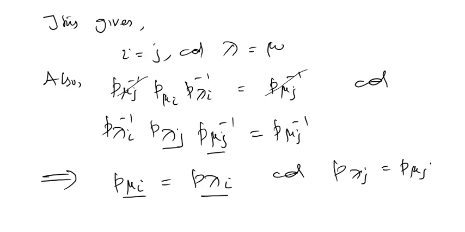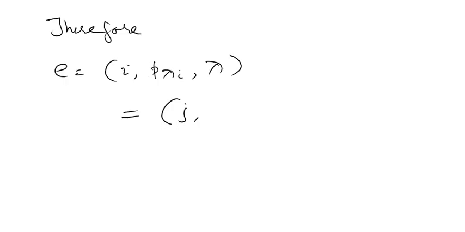P lambda I. It's P mu I, and I is the same as J, so it's P mu J. This is equal to P mu J, and this lambda is equal to mu, which we have just checked. This is mu, and that's equal to F.